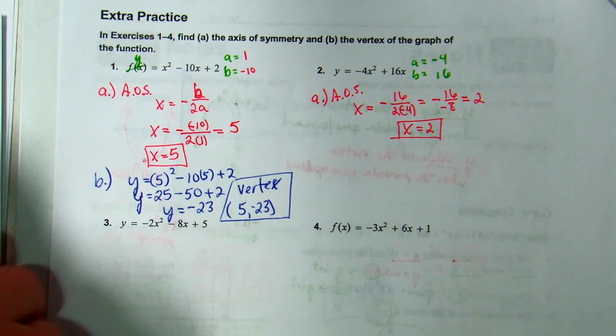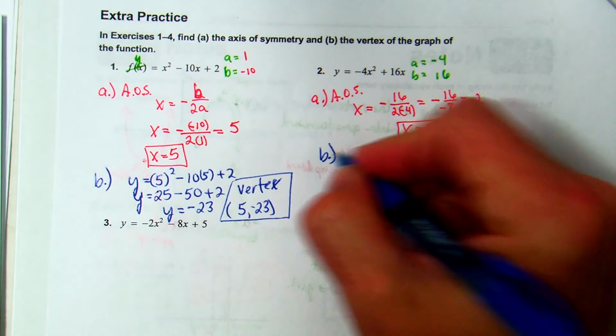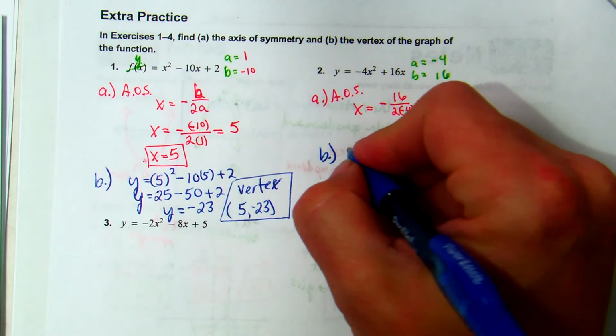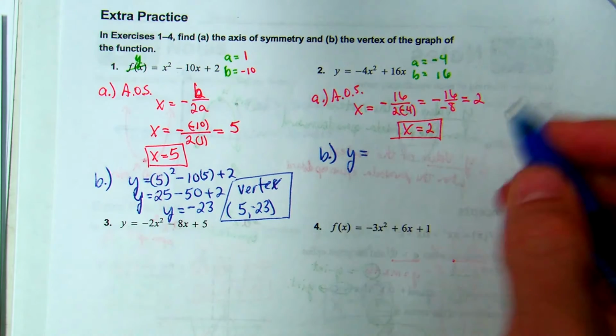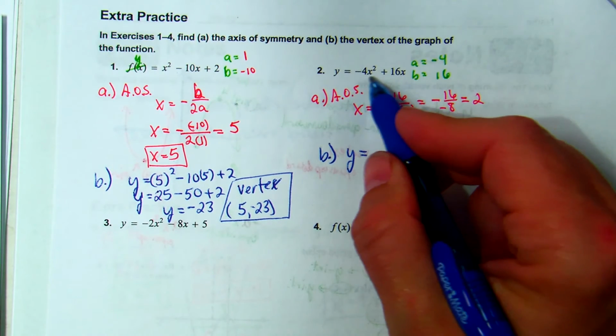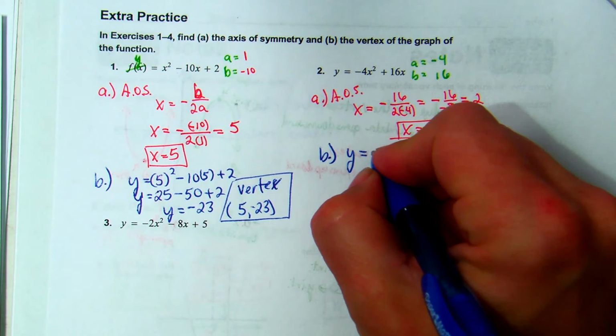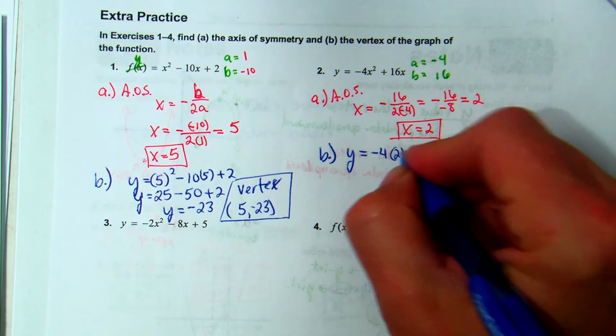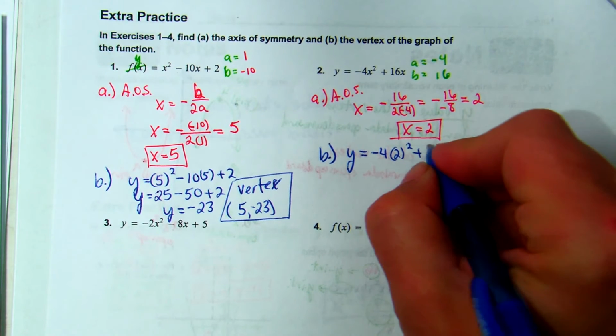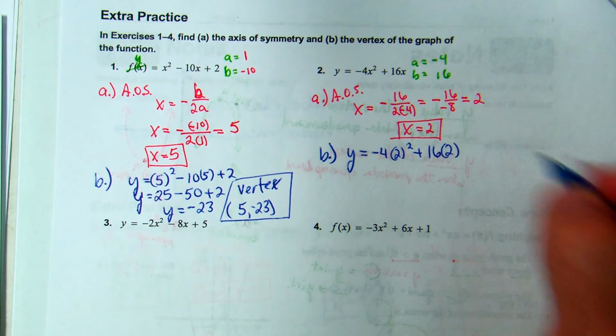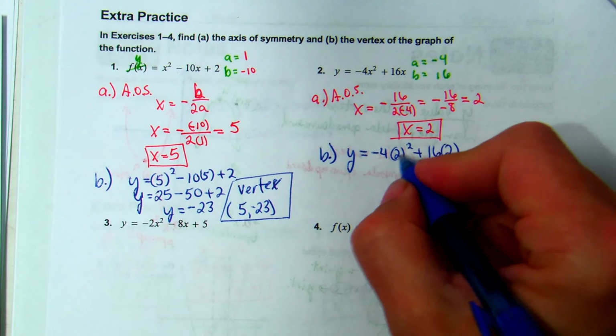Now that I've found that, I can find the vertex. I'm going to take the equation y equals, and I'm going to plug in a 2 everywhere I see the x. So I'm going to have a negative 4 times 2 squared plus 16 times 2. And 2 squared is 4.